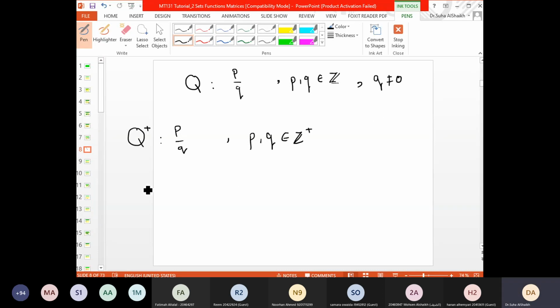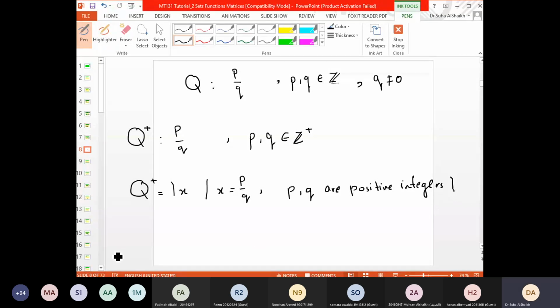So this is what they wrote. They said that Q plus is equal to all the x such that x is equal to P over Q, and such that P and Q are positive integers. Isn't this Q plus? This is the Q, and the condition is that Q is not 0.